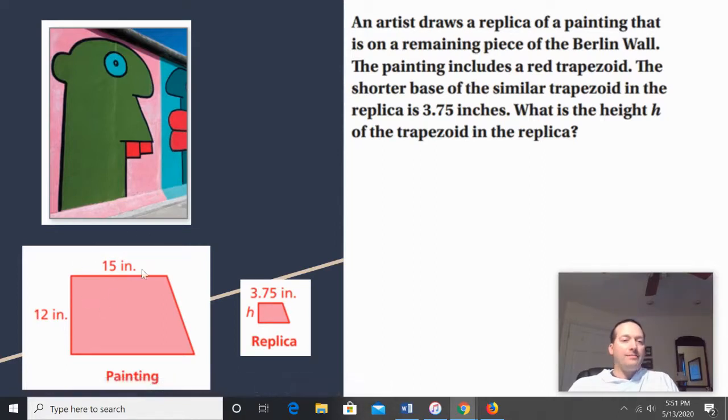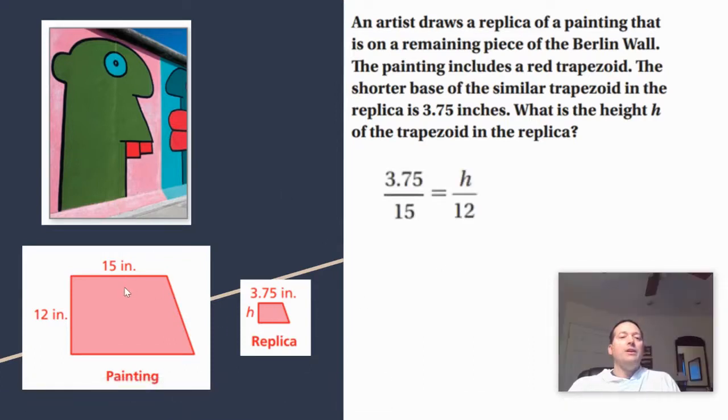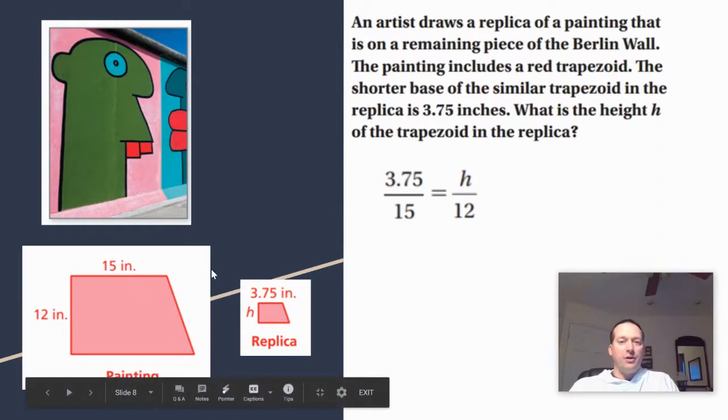We know that 15 corresponds to 3.75 and 12 corresponds to h. In this case, we wrote it as 3.75 over 15. I also could write it as 15 over 3.75. It doesn't matter which way you do it; you just need to be consistent on both sides. In this case, we went from the smaller one to the larger one, so we had to do the smaller side there to the larger side there.